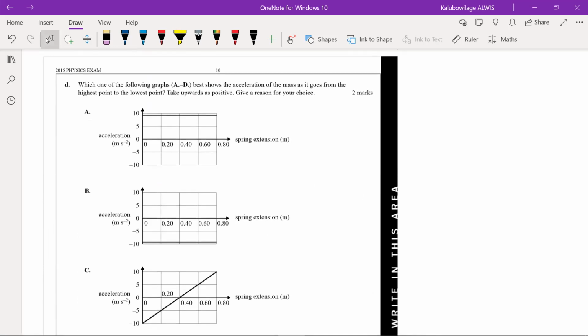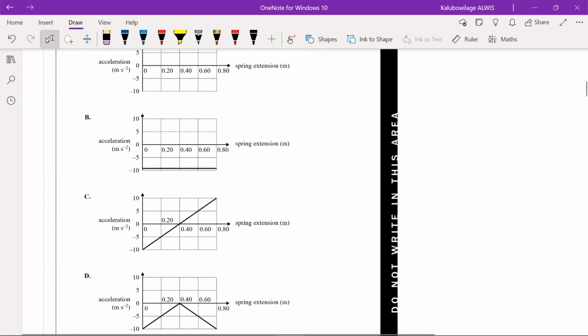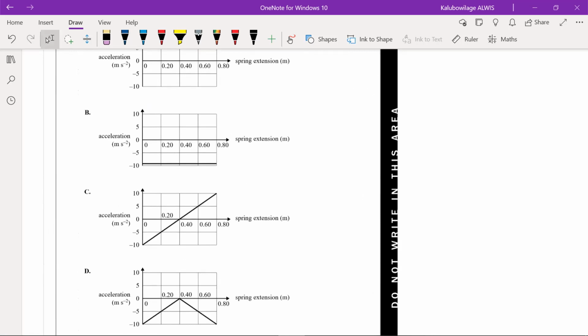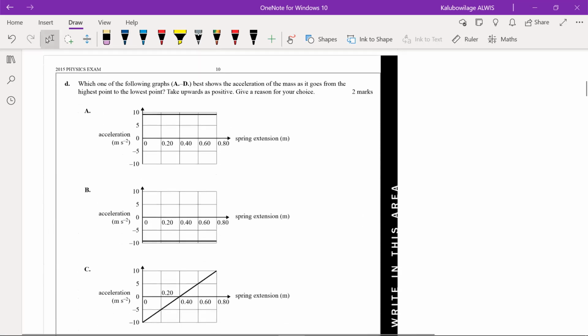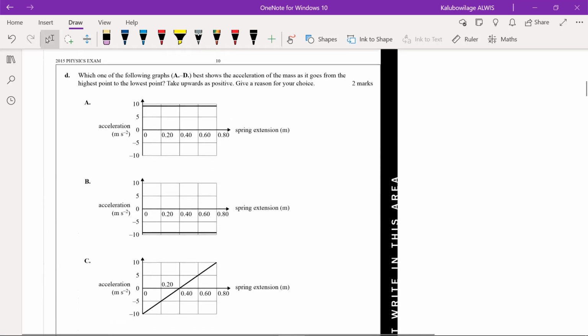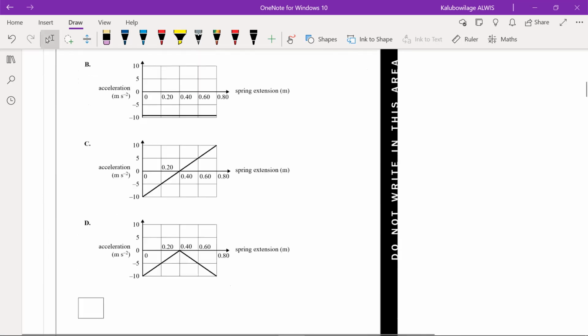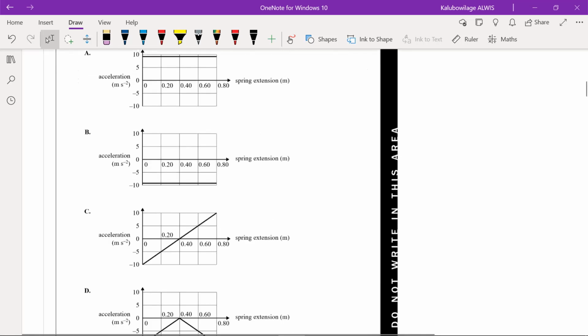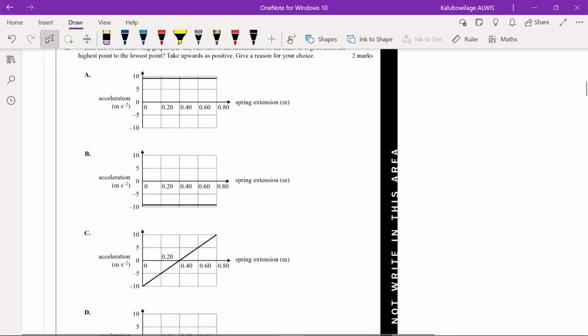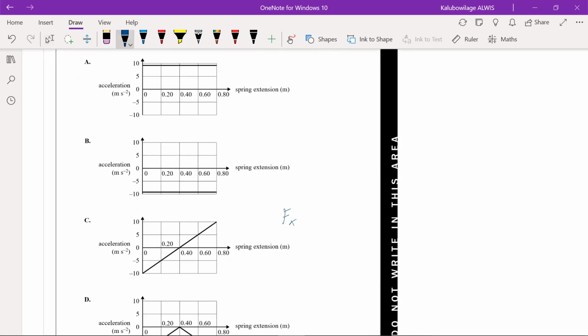The following graph shows the acceleration of the mass as it goes from the highest point to the lowest point. So acceleration is given by the spring and also gravity.